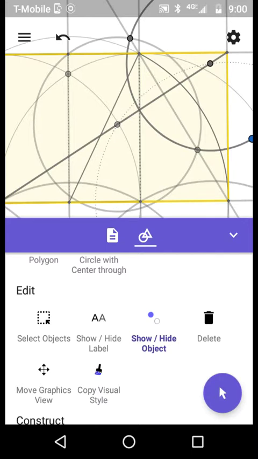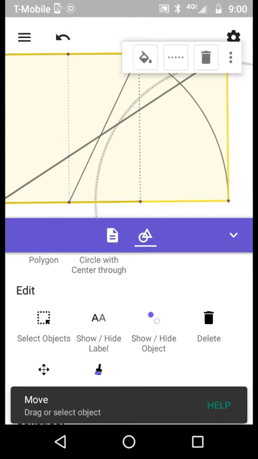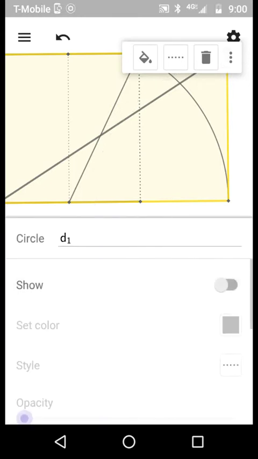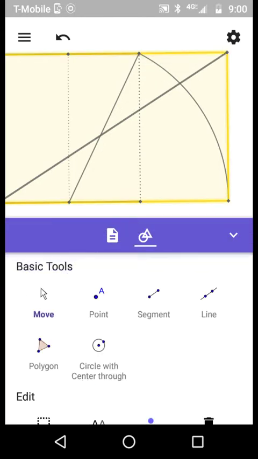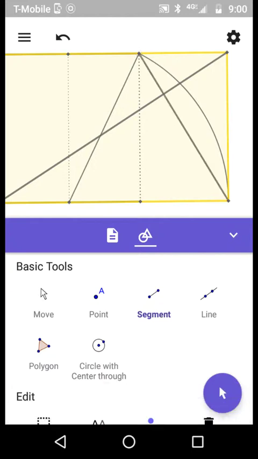So that, and that. And I think that'll clean it up substantially. We don't need this one either, so I'm just going to hide it. And I will draw a new diagonal from there to there.